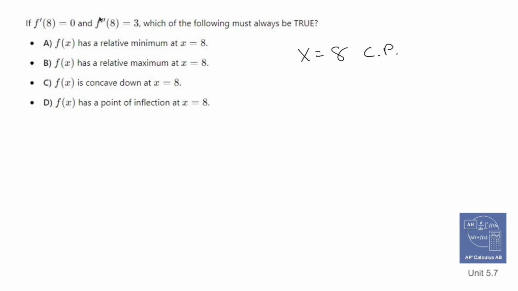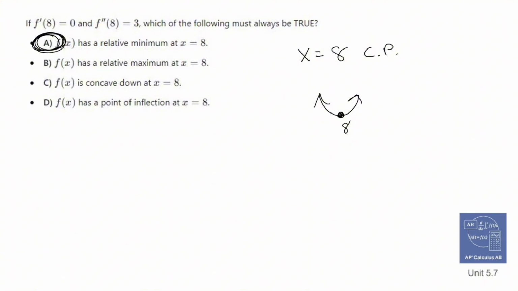F double prime of 8 being positive means that my second derivative is positive, it's concave up. And it's concave up at a critical point, which means that's a relative maximum or minimum. So in this case, I have a relative minimum at x equals 8.